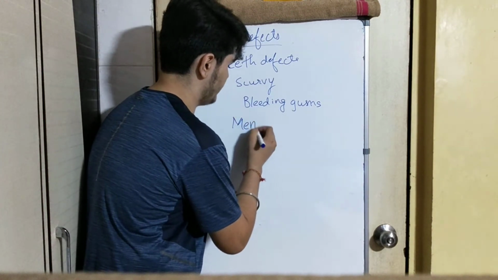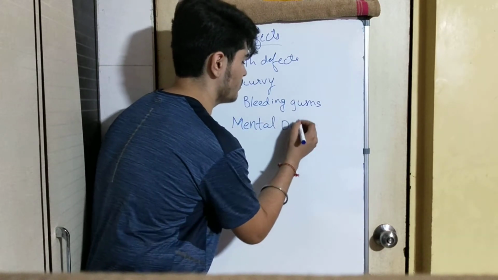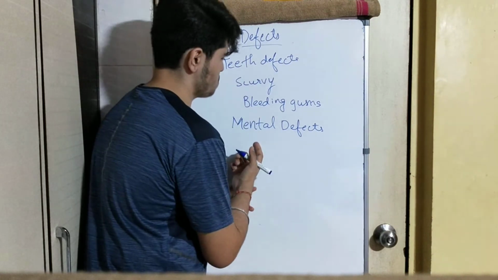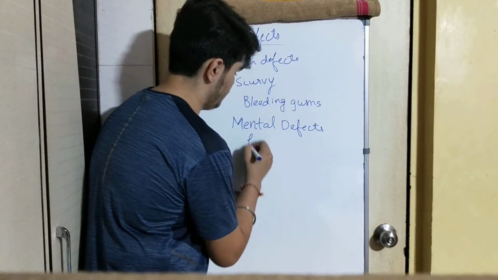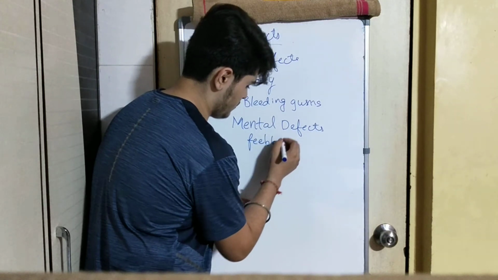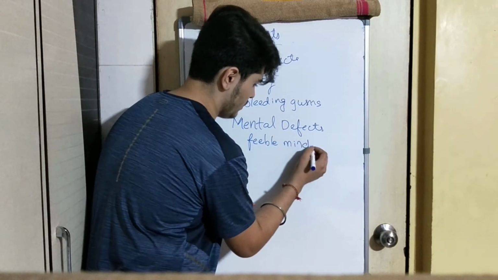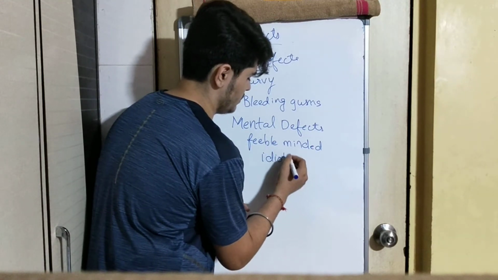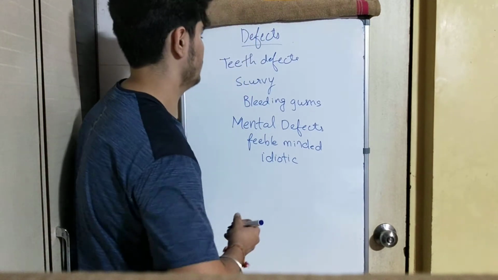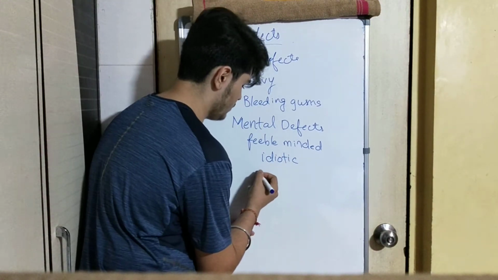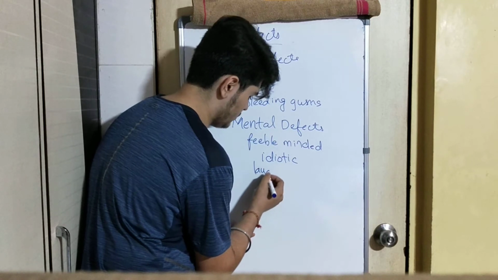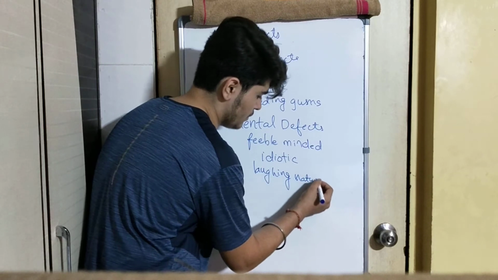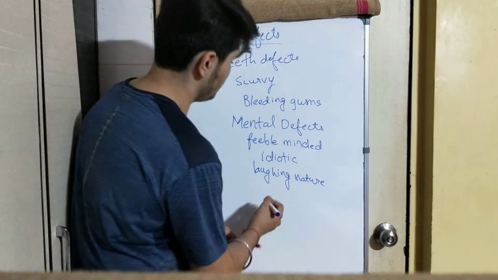Then we go to mental defects, which are feeble minded, idiotic, laughing nature, moron.